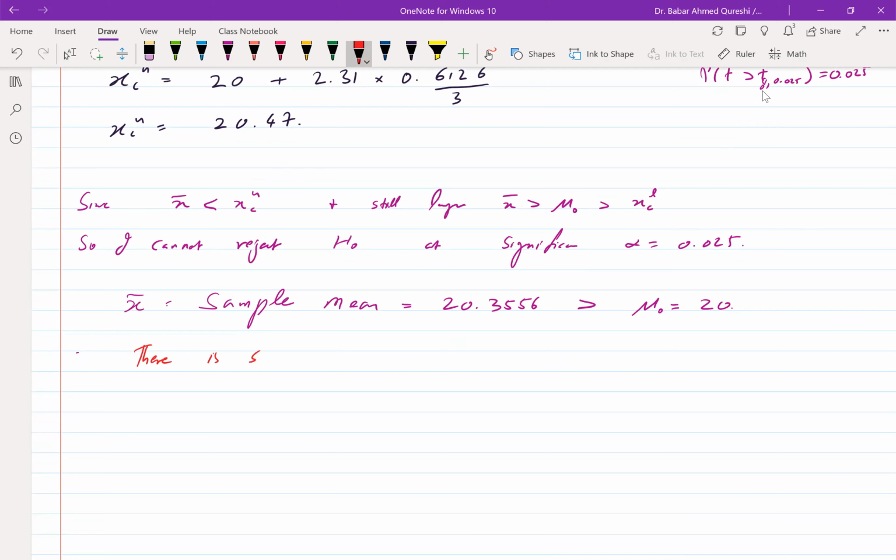There is some evidence that the mean is probably, when I say mean, I mean the population mean. The sample gives you an evidence for the population. Mean may be bigger than 20.